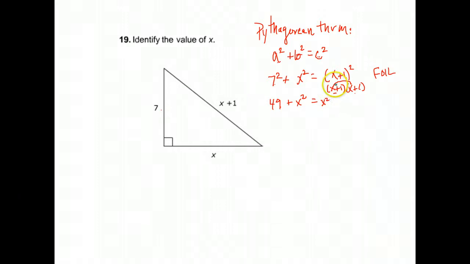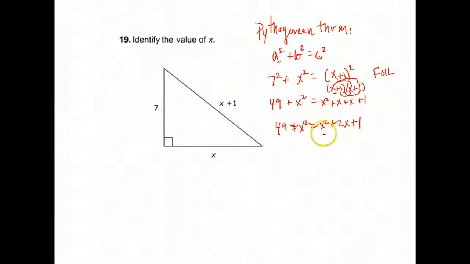So x times x is x squared. Outside times outside, x times 1 is just 1x. Inside times inside, that's our I, x, and last times last, 1 times 1 is 1. I'm going to simplify a little bit here. 49 plus x squared equals x squared plus 2x plus 1.